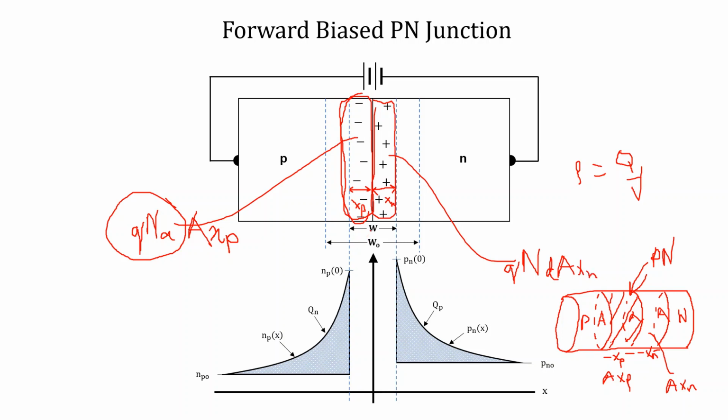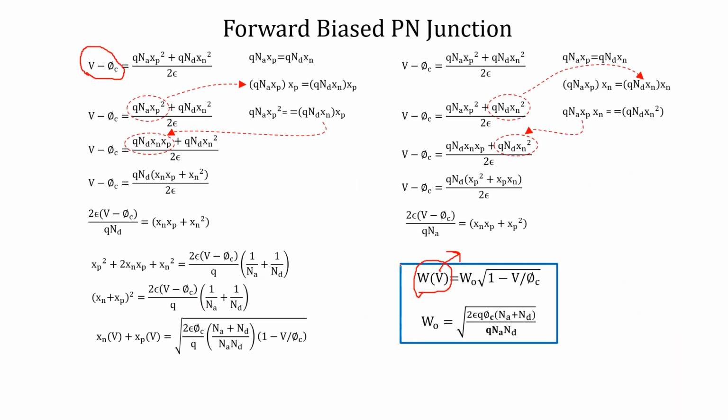Since there is only a rearrangement of charges, charge neutrality says that the total charge here should be equal to the total charge here. So you just equate these two. By equating, we get q Na A xp equal to q Nd A xn.